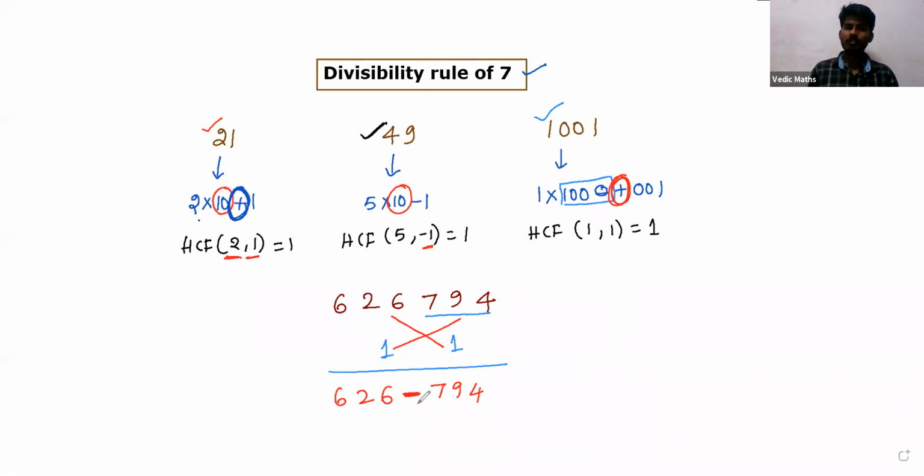So 794 minus 626, if you are subtracting, then you are getting 168. It is a negative number. Whatever number is there, we are not bothering whether it is negative or positive. So now 168 you got.